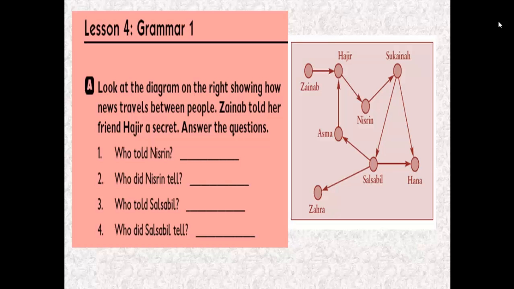So Salsabil here told Hana, Asma, and Zahra. So the first question asks about the subject. The third question asks about the subject also, whereas the second and fourth questions ask about object.